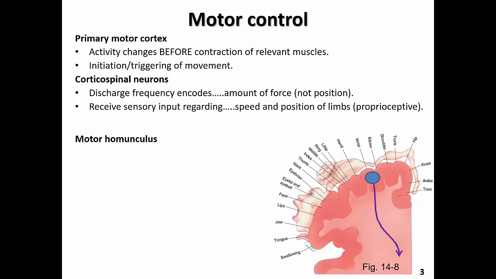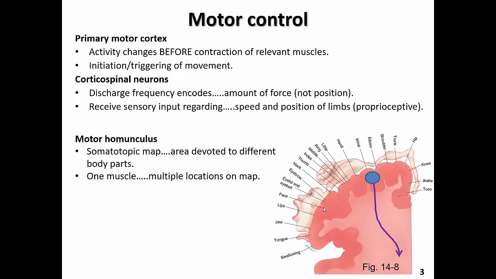And to understand how the primary motor cortex is organized, the motor homunculus, often described as the somatotopic map, which is what you see here on the bottom right-hand corner of the slide, is a drawing that attempts to explain how the region of the primary cortex is dedicated to different parts of the body.